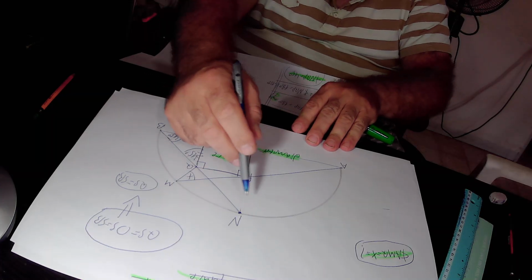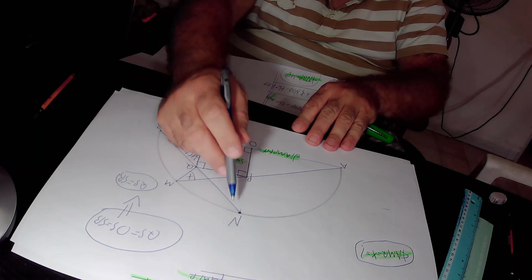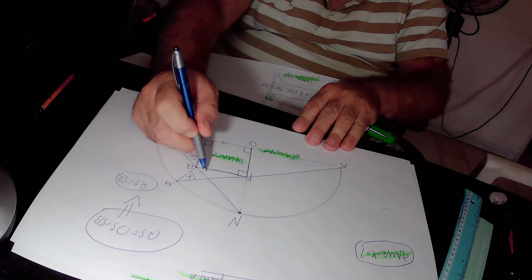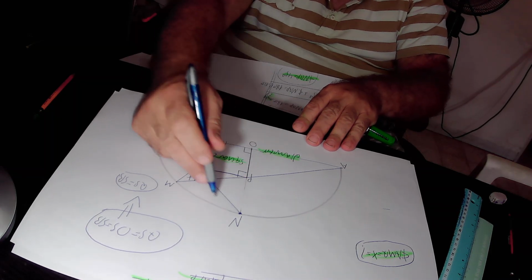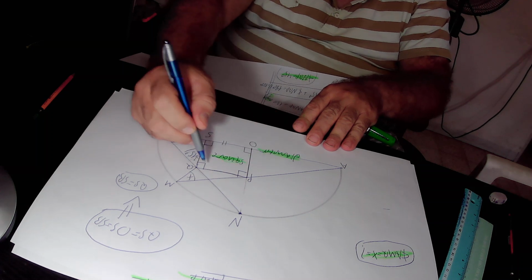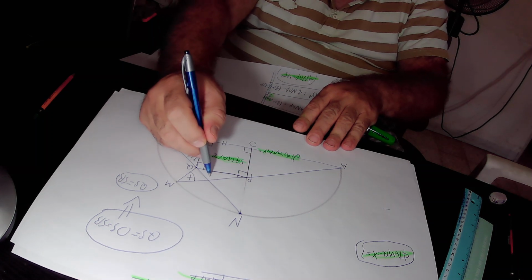This is the missing angle NQP, equal to 45 degrees in its size.